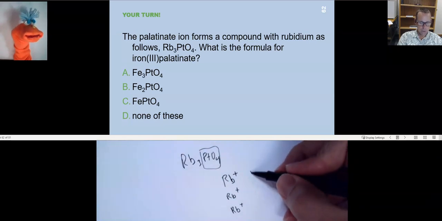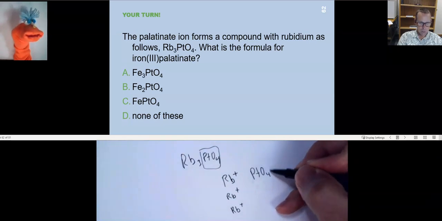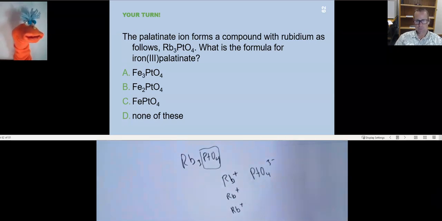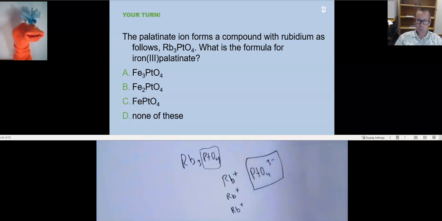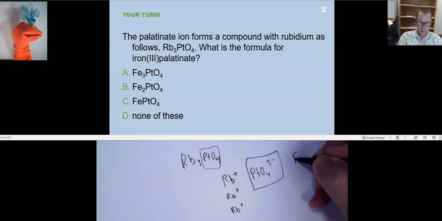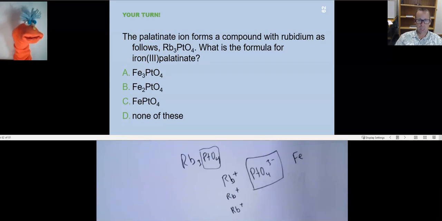A -3? That's right. There's only one of them, so it has to have a 3- charge. Now that I know that that is what the platinate ion looks like, then I can know what its combination is going to be with the iron 3, right? Iron 3, what does iron 3 ion look like?